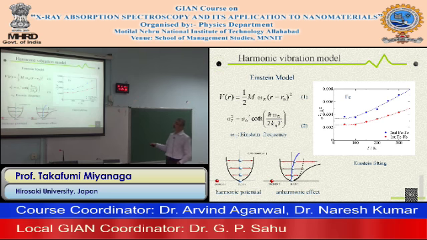In this case, for the Einstein model, the Debye-Waller factor is expressed by the hyperbolic cotangent function of temperature. So this is an example of the temperature dependence of the Debye-Waller factors for first nearest neighbors and second nearest neighbors.